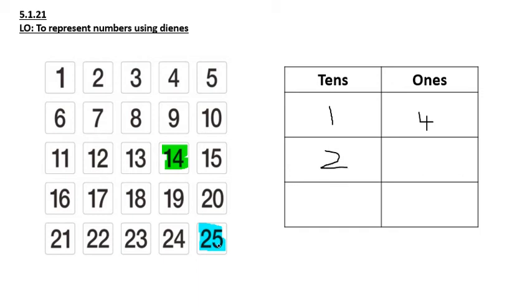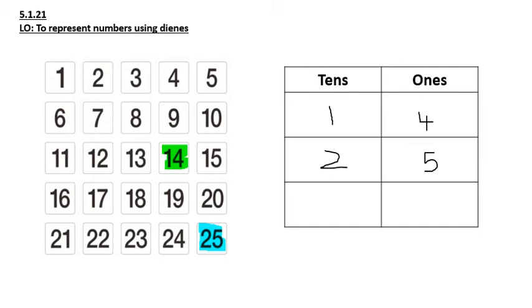And then the next number on the right is the number that tells me how many ones I've got, and in 25 I've got 5 ones, so I'm going to put 5 in the 1 section. So number 25 has 2 tens and 5 ones.